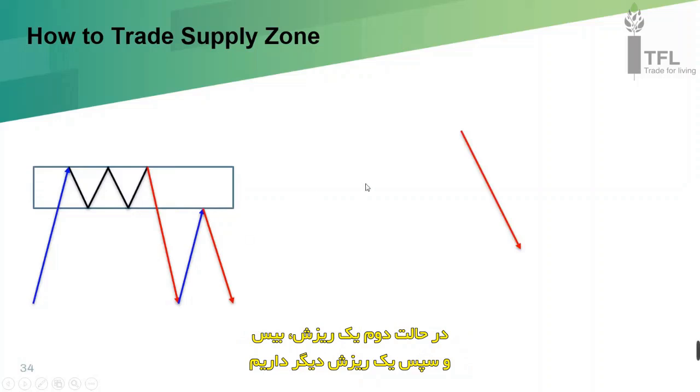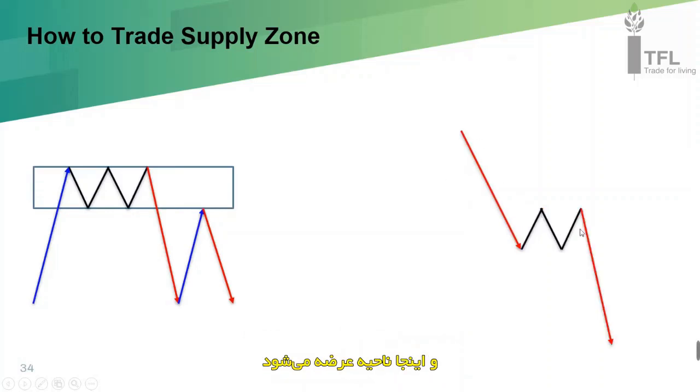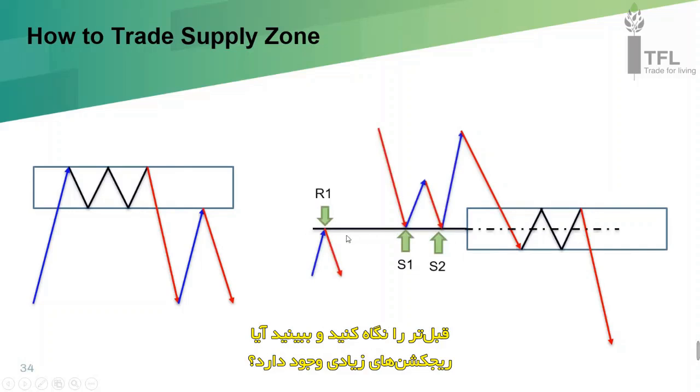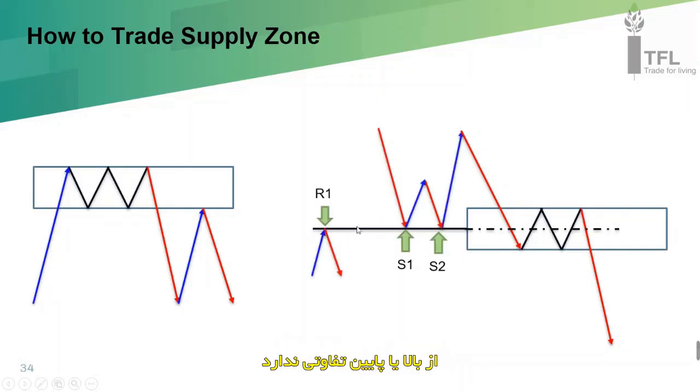The second type is, of course, the drop, then a base, and then drop again: drop base drop. This is qualified as a supply zone. Importantly, always look to the left, look behind, and see if there is a lot of rejection from the top or from the bottom.